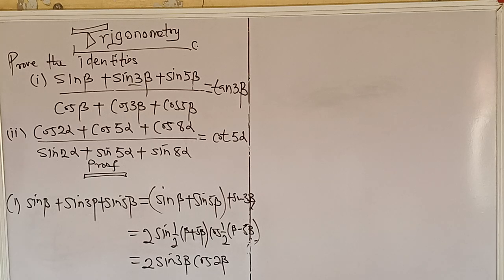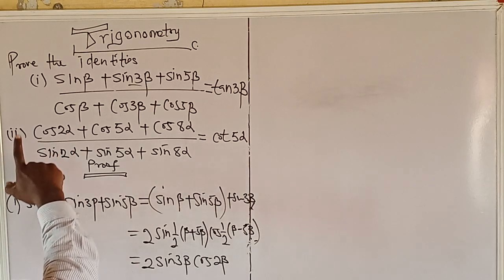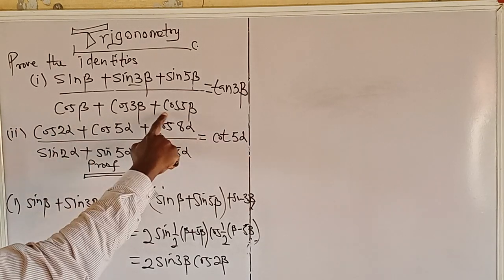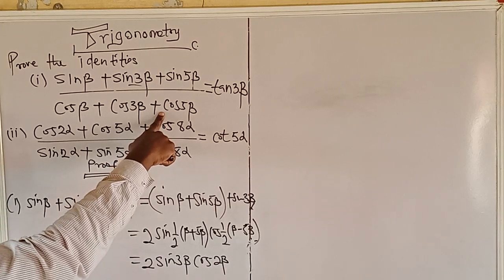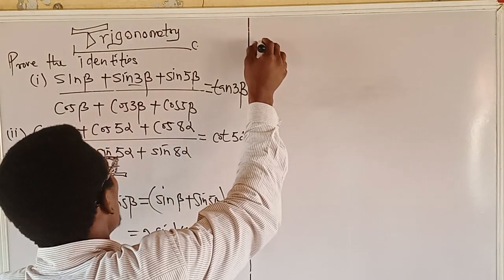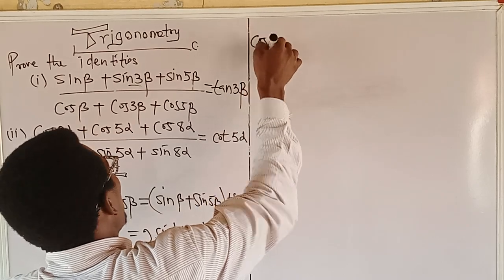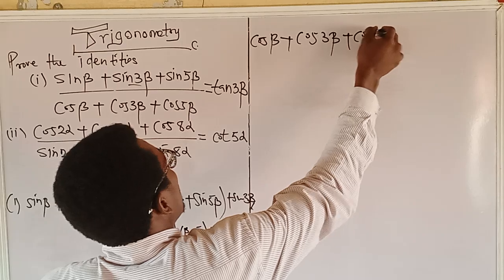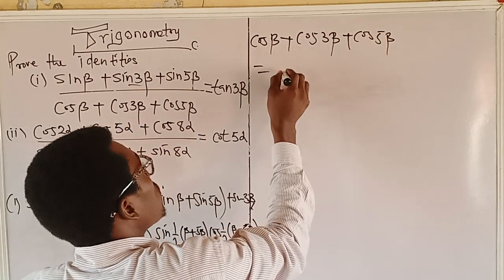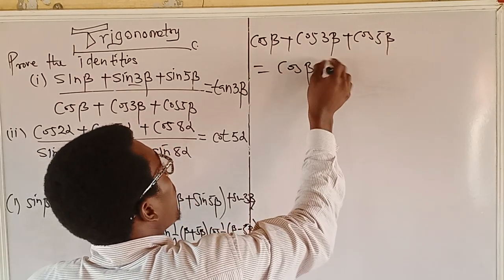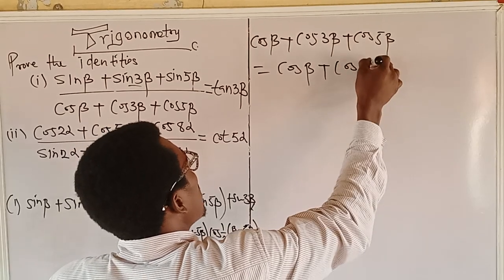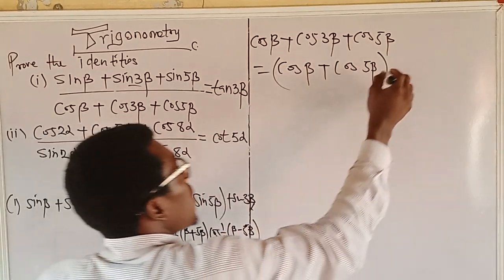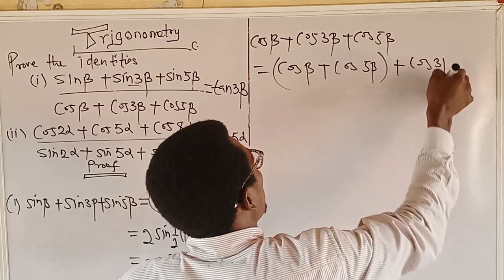Now the same thing applies here. We shall consider cosine of beta and cosine of 5 beta. All right? So in this case, we have cosine of beta plus cosine of 3 beta plus cosine of 5 beta to be written as cosine of beta plus cosine of 5 beta, let this be within parentheses, plus cosine of 3 beta.